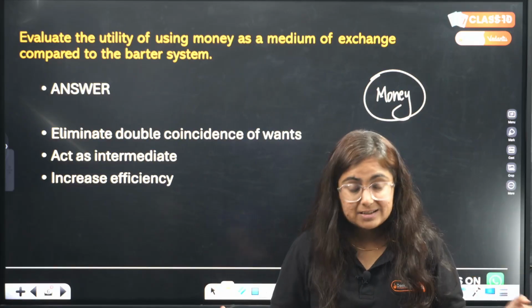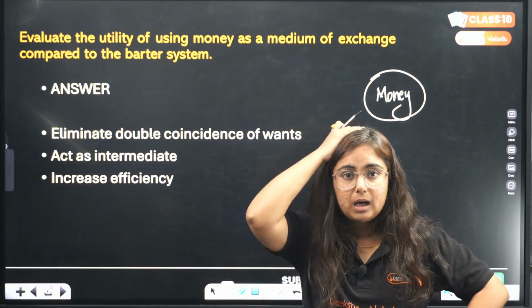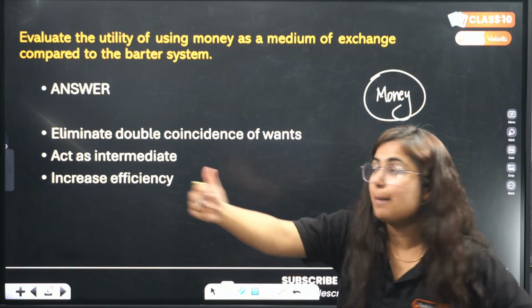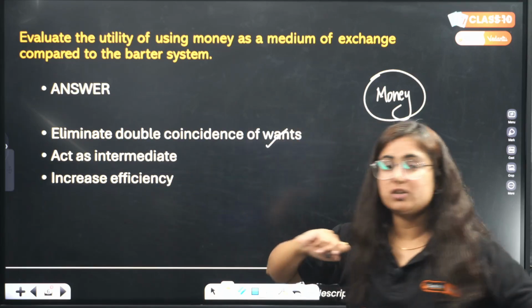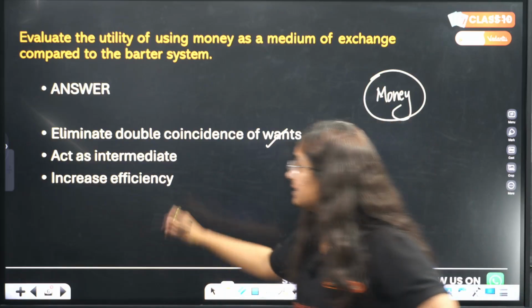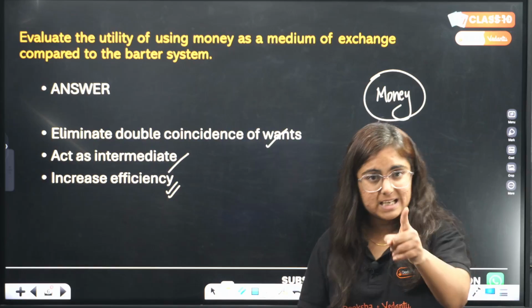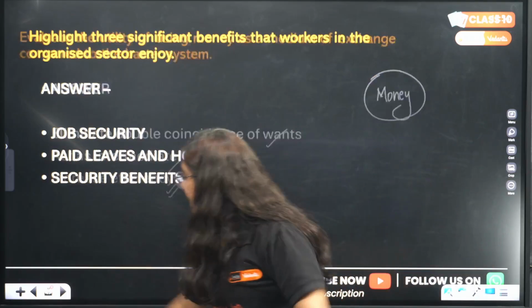But is it possible all the time? Bhai, pagal ho jayenge. No, it is not possible. So to eliminate the double coincidence of wants, money was introduced in the market. It acts as an intermediary and increases efficiency in the economy. Did you get it? Explain these 3 points and get full marks.